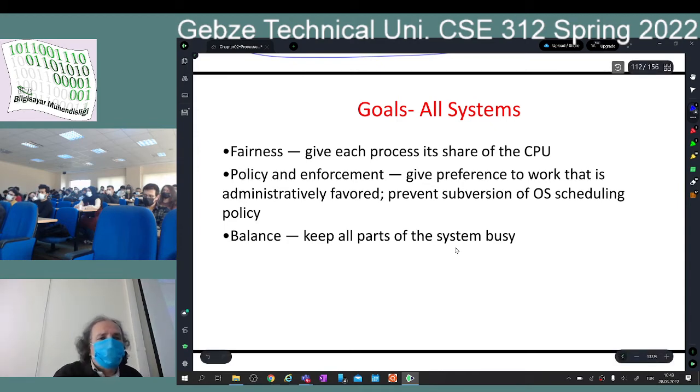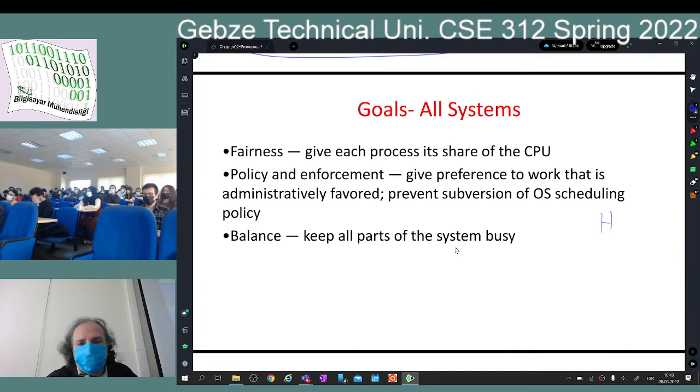The second rule is policy enforcement. When you say that in my operating system, high priority tasks will be given more priority than the low priority tasks, that's kind of obvious. If this is your policy, then you should enforce it. And you should not have any ways of subverting this policy rule.